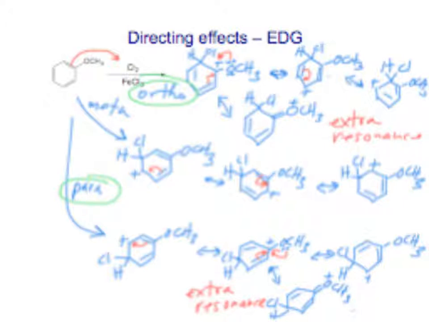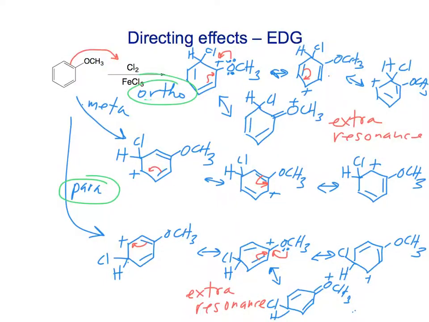All right, so this is where we finished off yesterday. It was this big slide. What we essentially did was go through and place our chlorine on the ortho, the meta, and the para positions, and then analyze the resonance stabilized carbocation that would form. What we found through this whole analysis is that when we place that chlorine in the ortho position, we end up with an additional resonance structure, as well as when we put it in the para position.